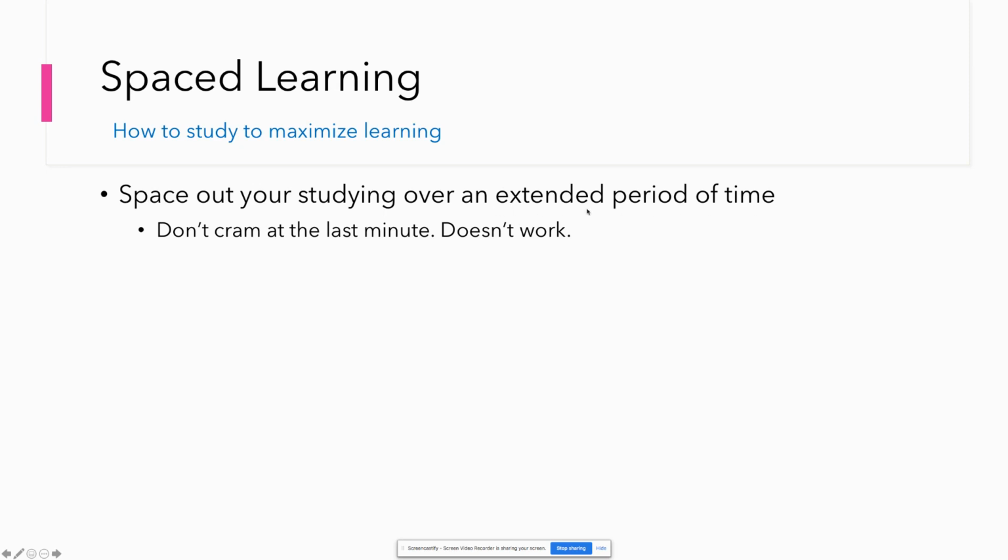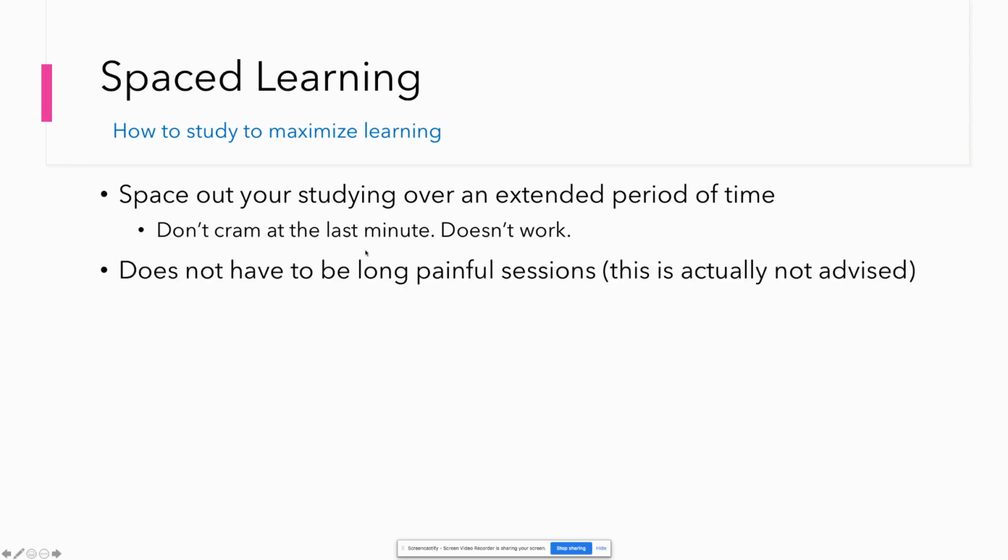An extended period of time. If you're the type of person that is just going to try to cram everything in the last minute, it doesn't work. Science has proven time and time again that this does not work. And they don't have to be these long, drawn out, painful sessions. Actually, that's not advised. They should be sort of shorter review sessions.